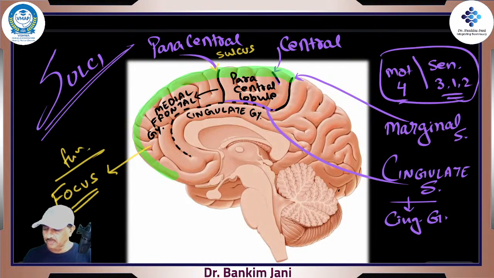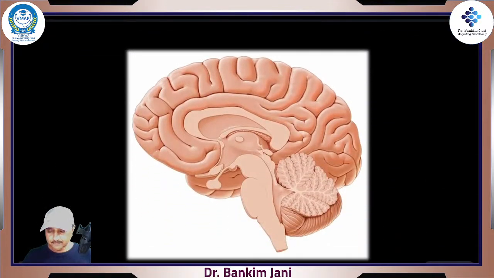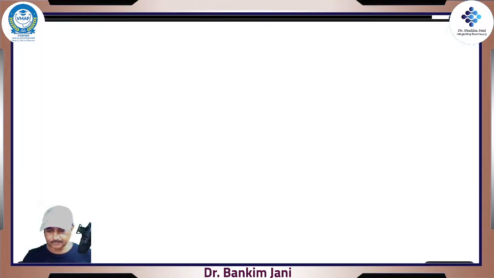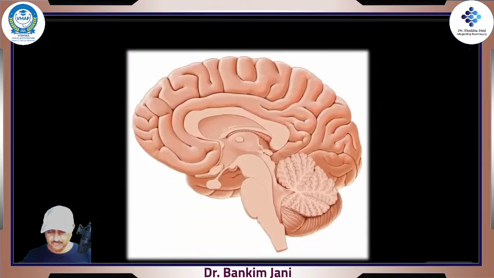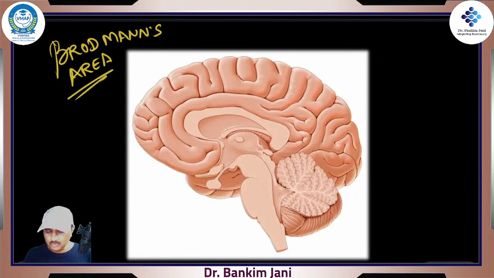On to the next one. When we talk about the areas, they are called Brodmann's areas. And all these areas have very specific functions. Today we'll be learning lots and lots of areas and you won't have to cram it.